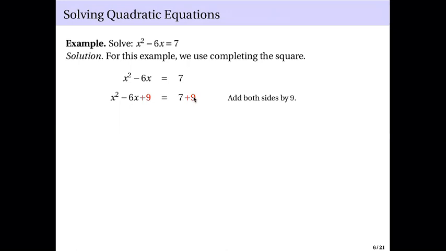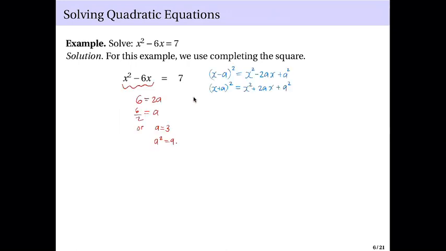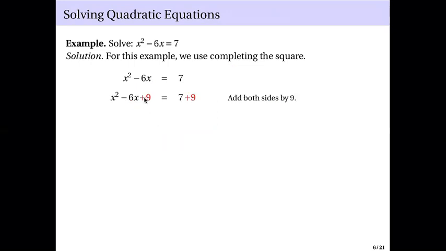That's what we have obtained in our calculation here. And therefore, this left-hand side can now be written as (x minus 3) squared. Of course, on the right-hand side, you have 7 plus 9, which is equal to 16.